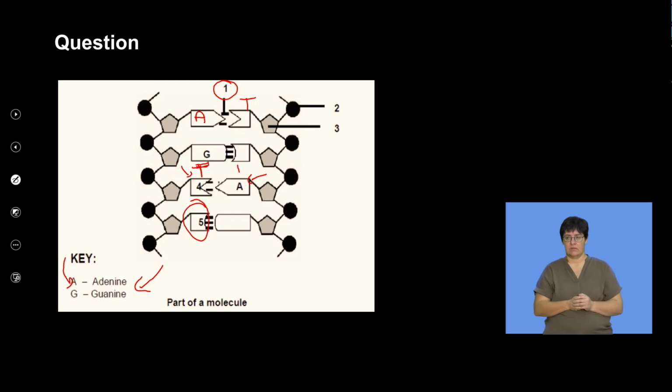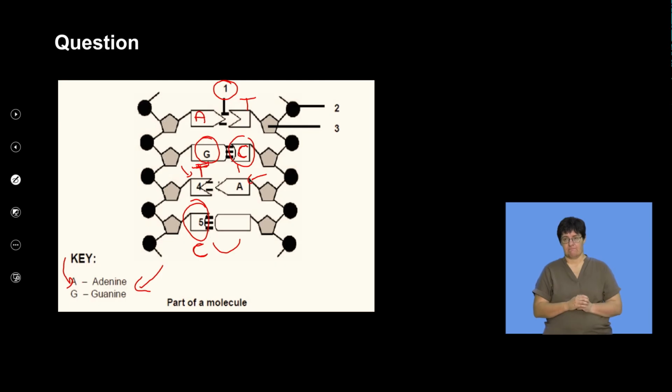And we would know that if you've got guanine here, you've got to have cytosine complementary to it. And likewise, based on its shape and the similarity between this and number 5, I can infer that number 5 has to be a cytosine base.